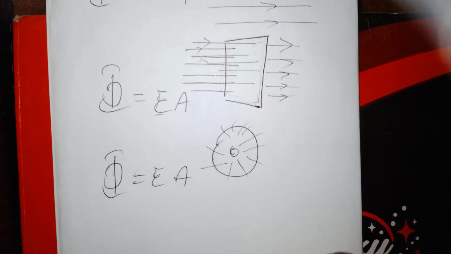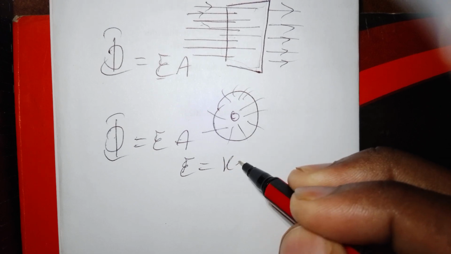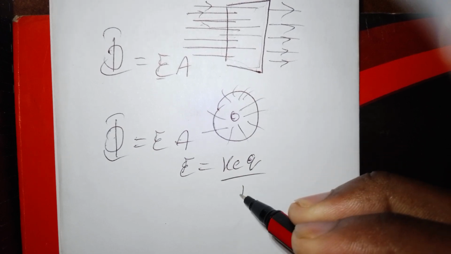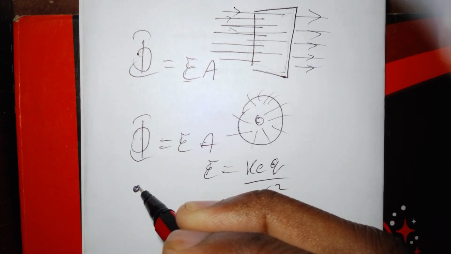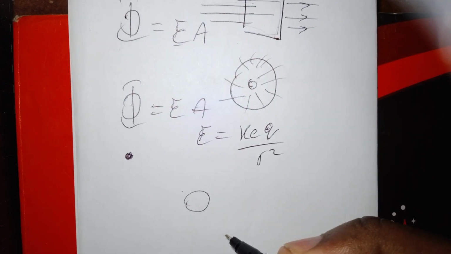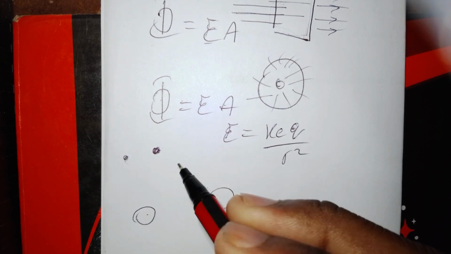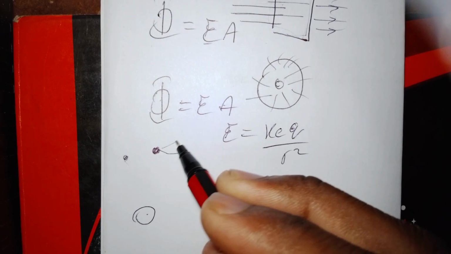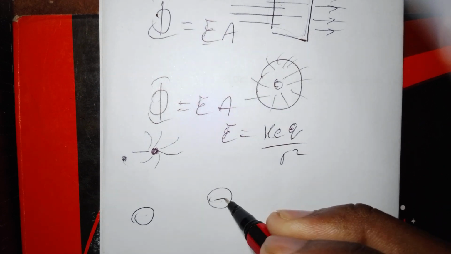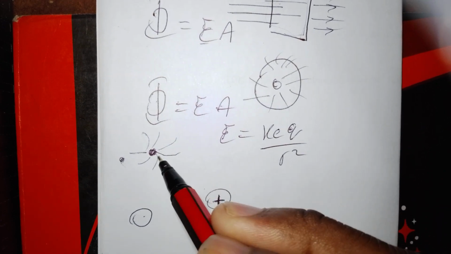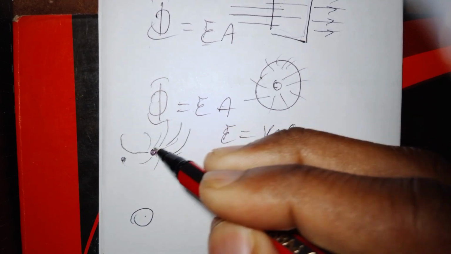Now we need to understand that the electric field is Ke, as I stated, Q over R squared, where you've got a point and then you've got a charge. The orientation of the electric field depends on the charge. If this is a positive charge, the orientation of the electric field will be directed away from the positive charge.